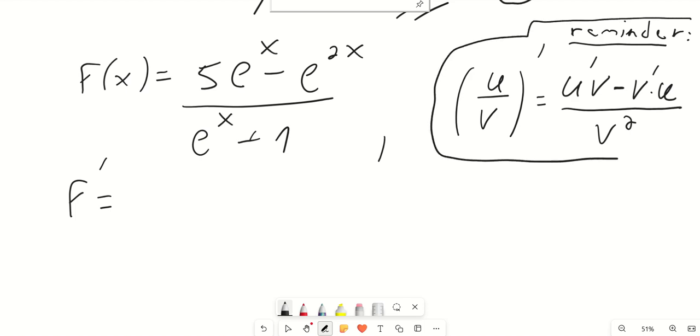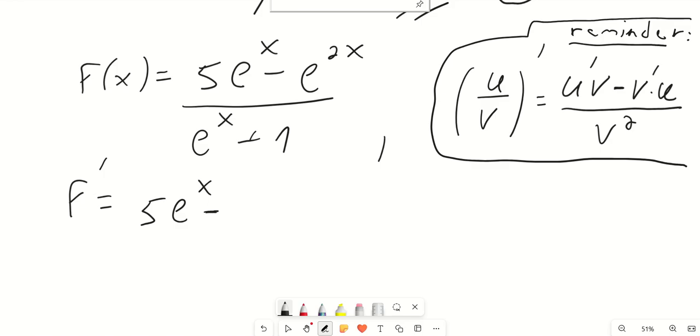And now I'm going to apply it. So I look at the numerator and I differentiate it. So the differentiation of the function e to the power of x is e to the power of x, and 5 comes with multiplication, then it stays as is.